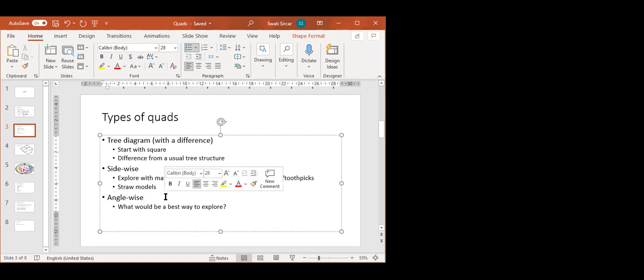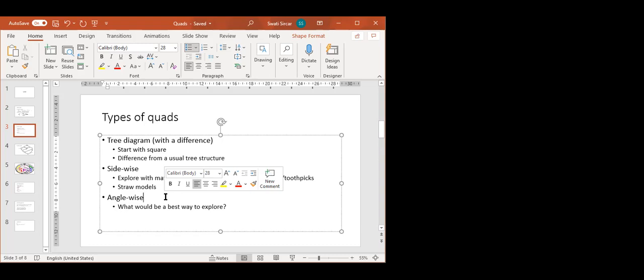Similarly, you can do it angle-wise also. In an equilateral triangle, this can happen in class 7 or class 8 when you get into quadrilaterals. An equilateral triangle has all three angles equal, so you can call it equiangular also.